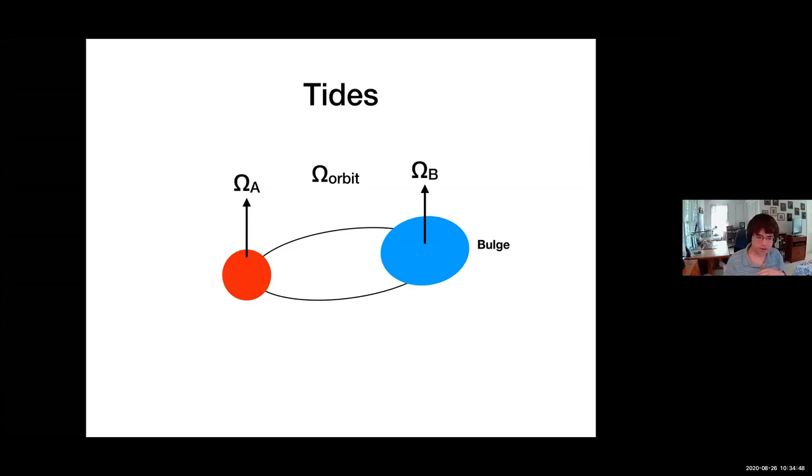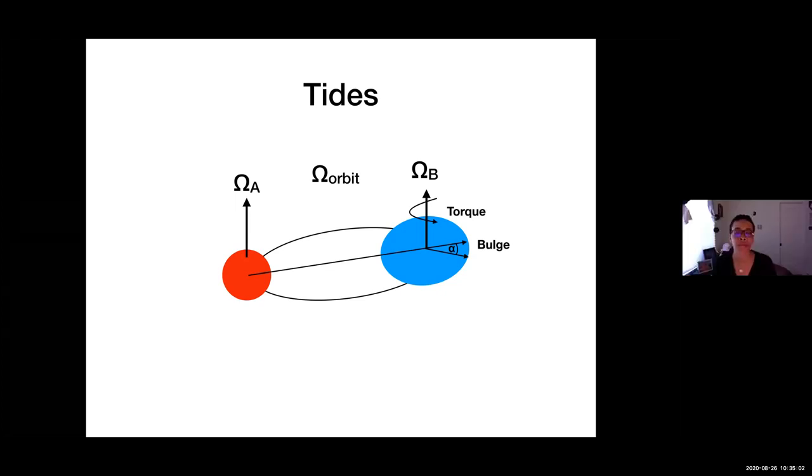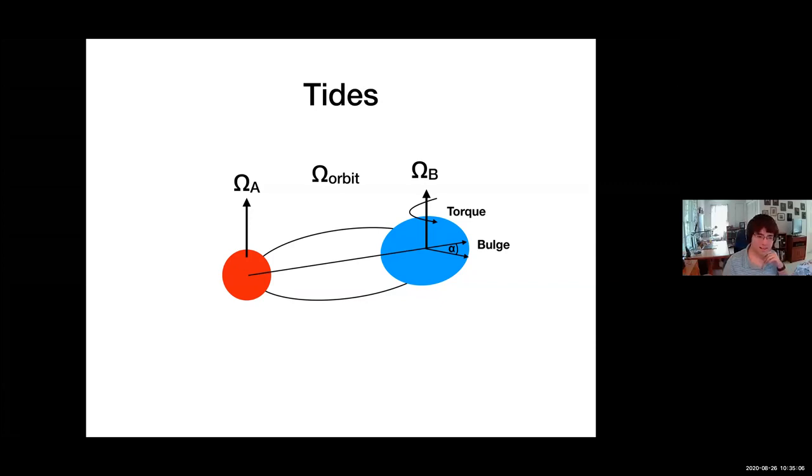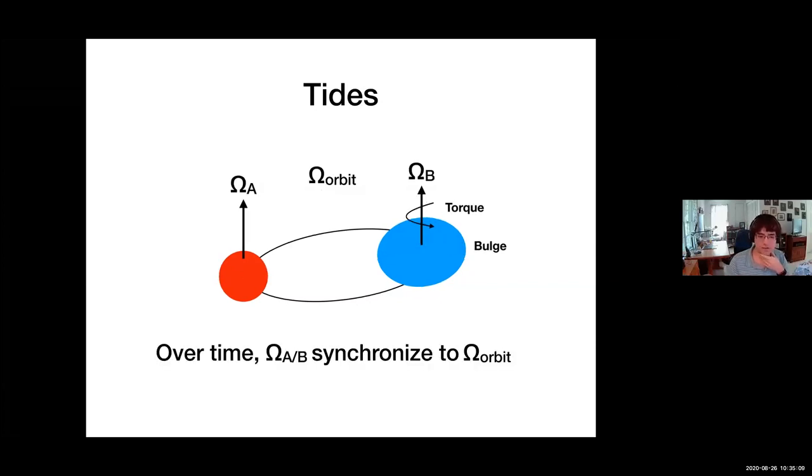And the gravity of each star raises a bulge on the other, and because there are internal hydrodynamic processes, this bulge generally lags relative to the line of sight between the two stars. And so, because the bulge ends up lagging and misaligned, there's a torque, and that torque generally acts to synchronize the stars to the orbit, at least in the circular case where there's no eccentricity.